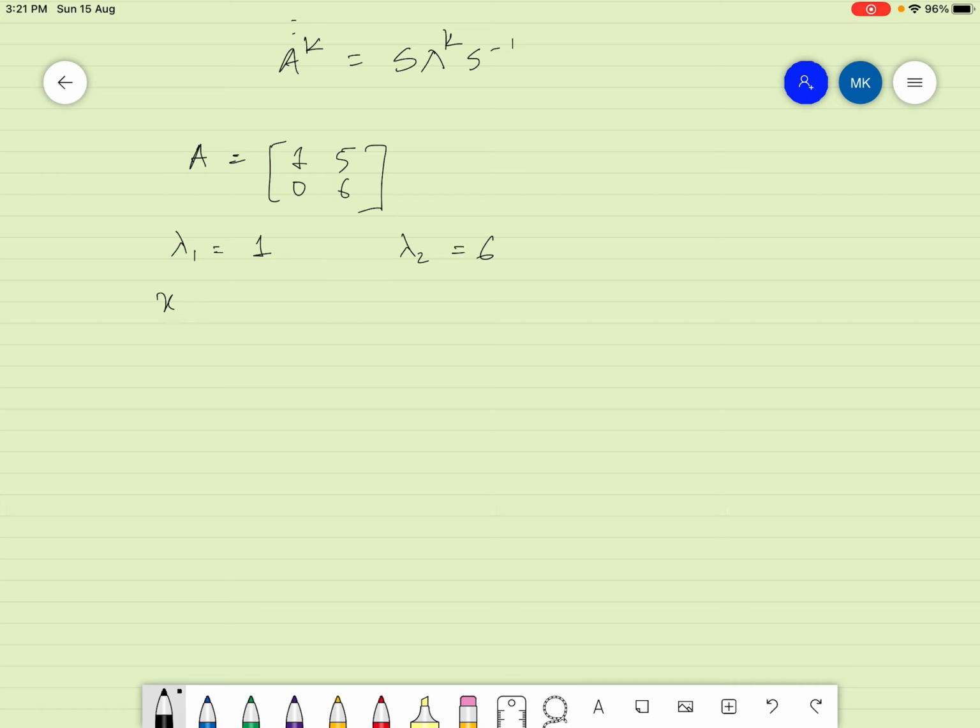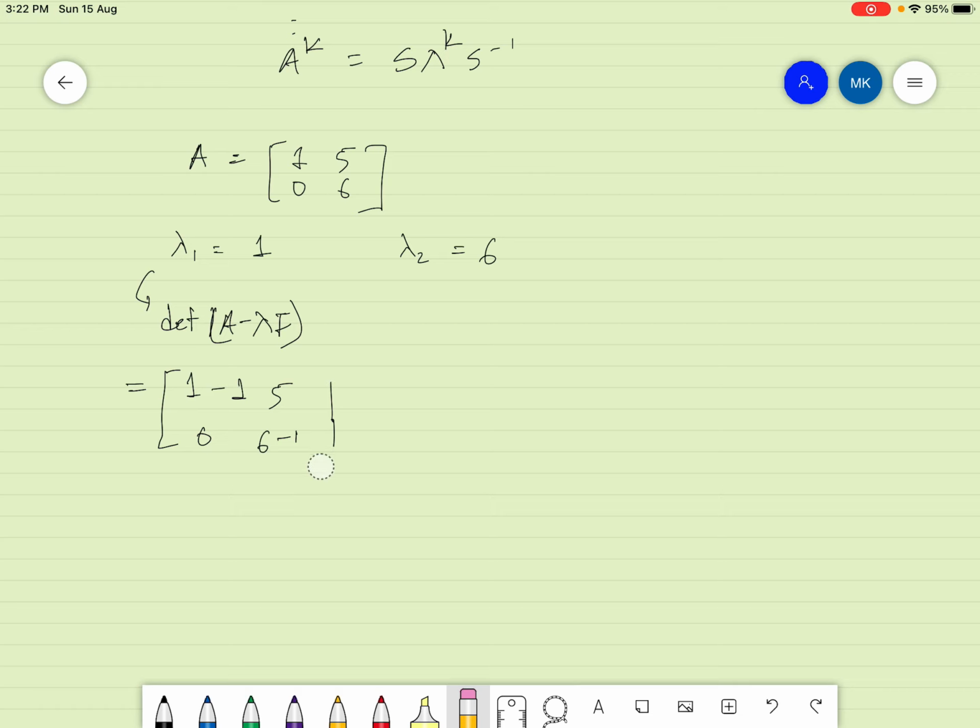Okay. So for lambda 1 you need to calculate the determinant of A minus lambda I. So it should be [1 minus 1, 5; 0, 6 minus 1].